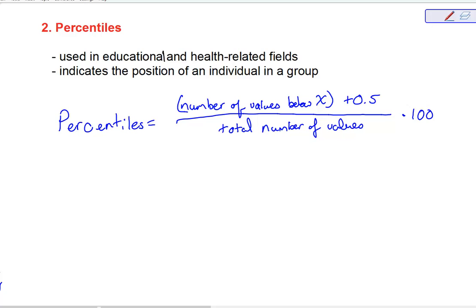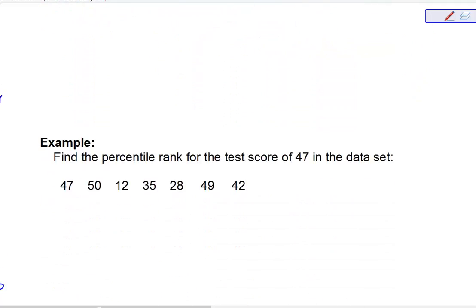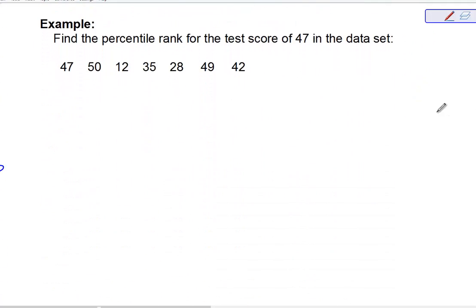Let's look at an example of this and see exactly what we mean. So here we have a data set for test scores. We want to find the percentile rank for the test score of 47. So we want to find this percentile rank. Anytime we're looking at percentiles, we always want to put them in order from least to greatest first.